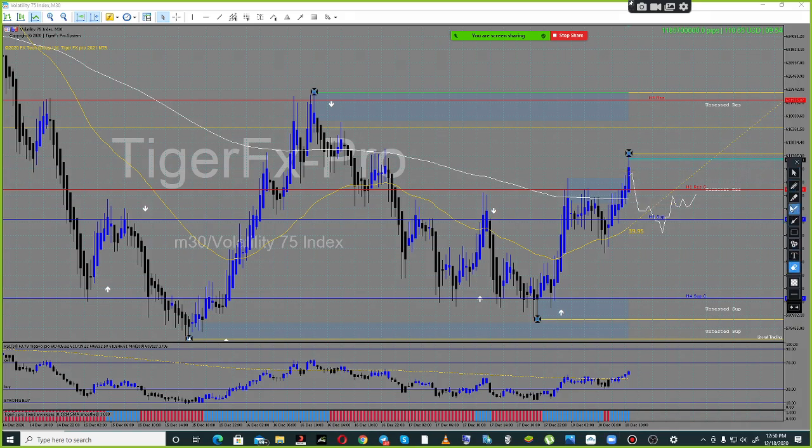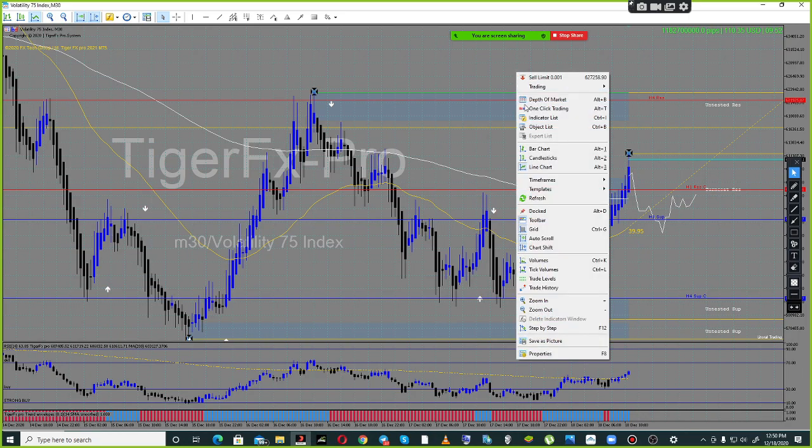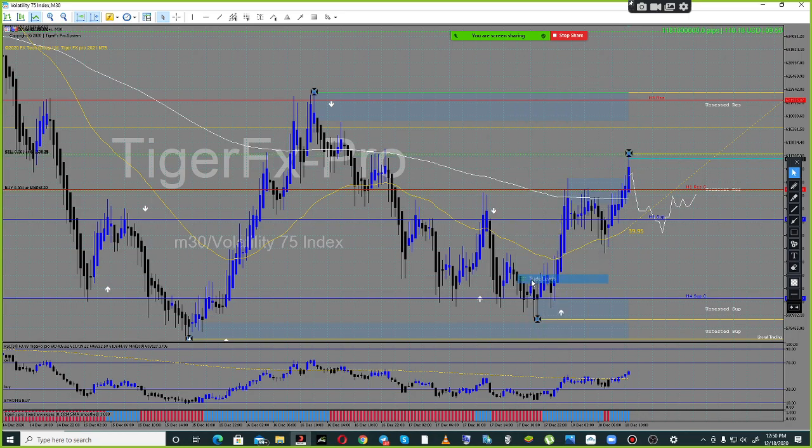Let me show you where I entered this. I'm going to enable the trade line reverse. You see here, I'm going to close my sell position because it's going to go negative. I was in a sell because I was talking with you guys. So let me close my sells.